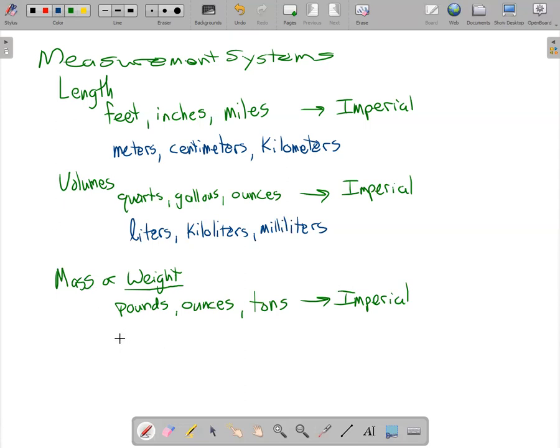Versus metric units, which are mass. I'm going to write mass in green instead. So a mass unit in the metric system, the common would be a kilogram. Instead of ounces, we'll use grams. And we're not going to worry about tons, although there is a metric ton.